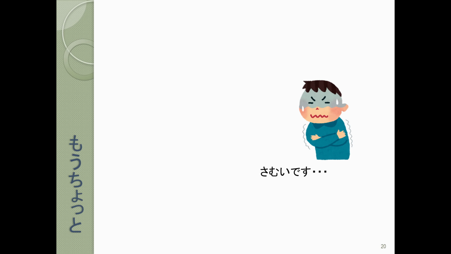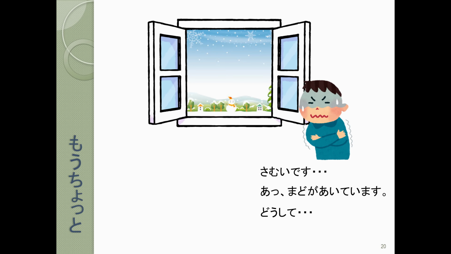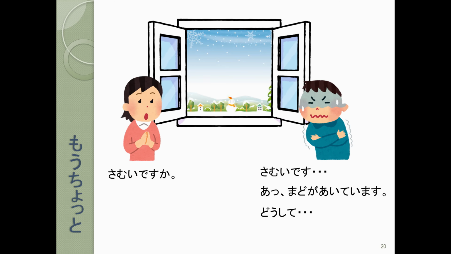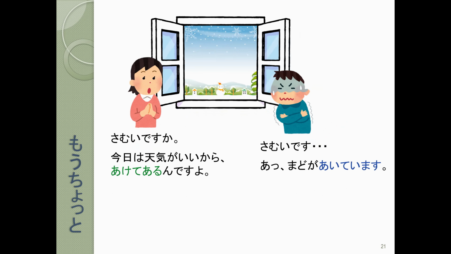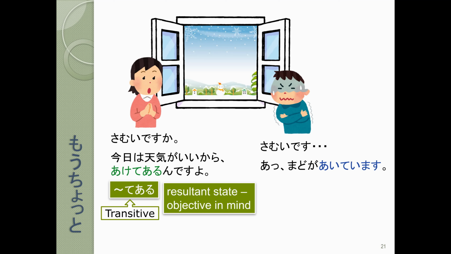寒いです。窓が開いています。どうして？寒いですか？今日は天気がいいから開けてあるんですよ。So, the difference between 窓が開いています and 窓が開けてあります。The てあります that we talked about in this chapter goes with a transitive verb like 開ける.